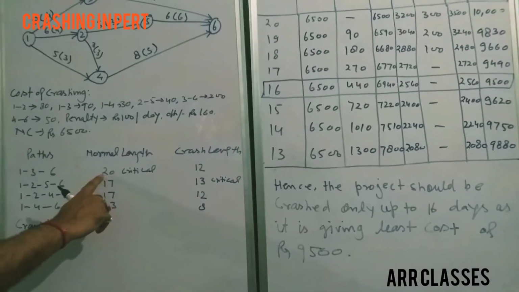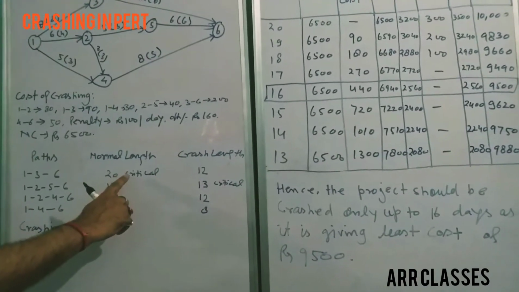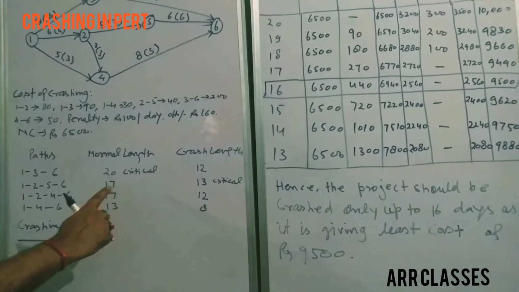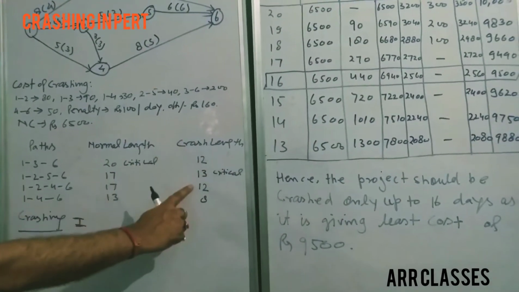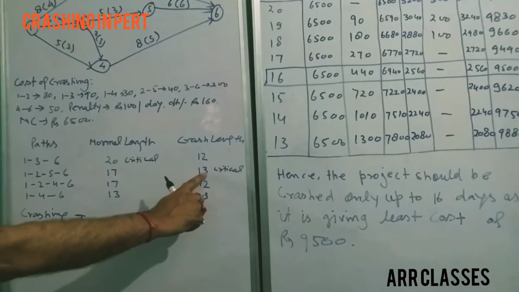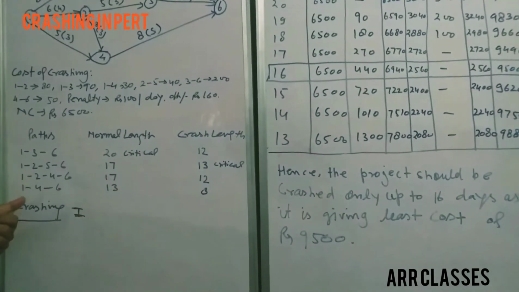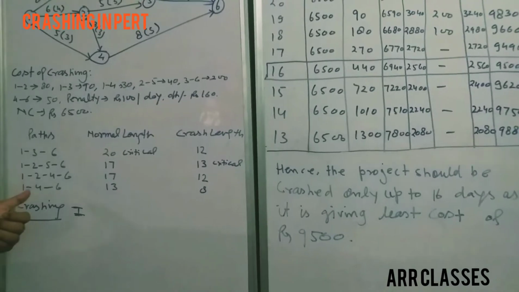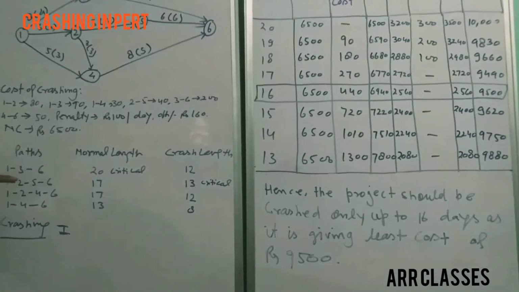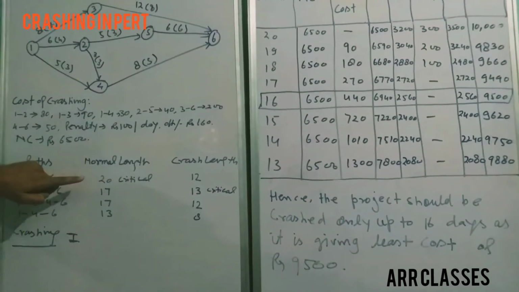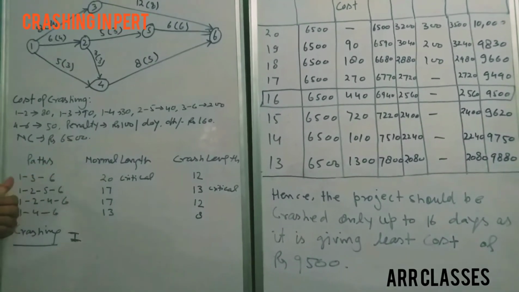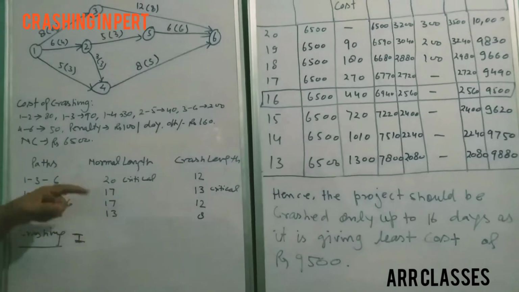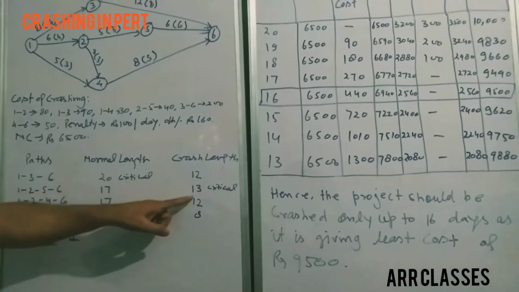We will find that 20 is the critical length or normal length of the project, and taking crash time into account, the critical time is 13. So this indicates first that the entire project may be reduced from the critical path length of 20 days to 13 days.